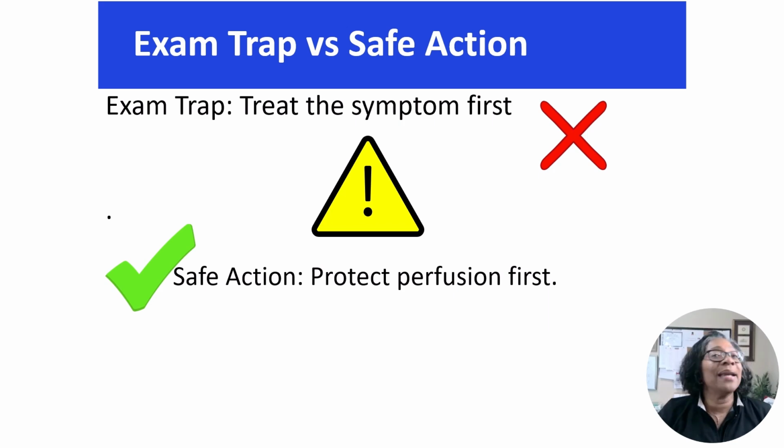You can't teach anybody if they're hurting. So with this case, you have a patient who's having chest pain. Yes, you want to make them feel better. But if their blood pressure is already low and their heart rate is already low, giving them that morphine is going to do some damage to your patient. So yes, you want to treat the pain, but is there something greater? And that is what the NCLEX wants you to recognize.